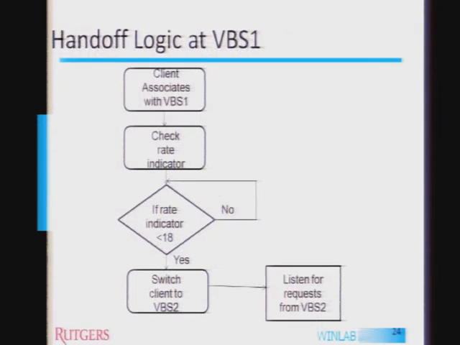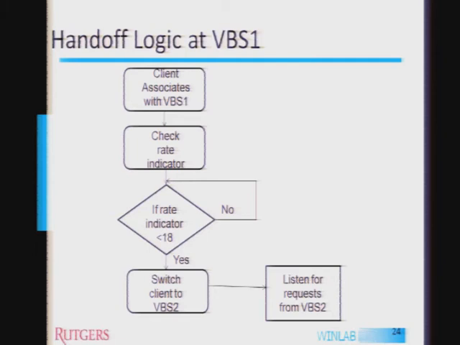So if the rate indicator drops below 18, you switch the client to base station 2 and you move to listening mode. When I say switch the client to base station 2, you use the infrastructure to create an end-to-end path between base station 2 and its respective client. You use the add client function again to do that.